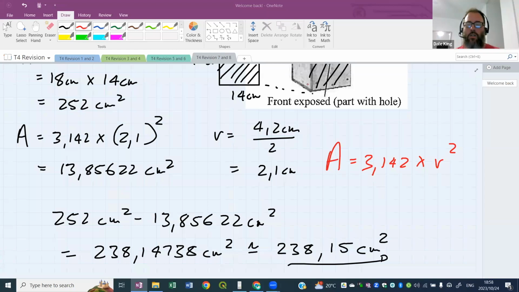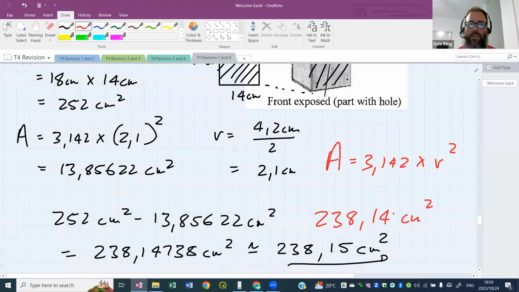Nishan, we discussed this last week. If you are saying, for example, 238,14, they're not going to penalize you every time you make a rounding error like that. They can't take marks off you every time they're making a rounding error like that, even though the question says round off to 2 decimal places. So this exam is not about how to round off to 2 decimal places correctly all the time. So it's okay if you like 1-4 instead of 1-5.